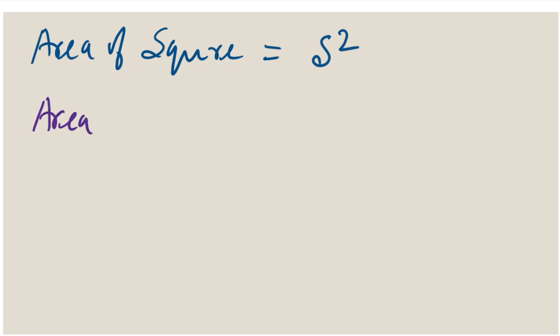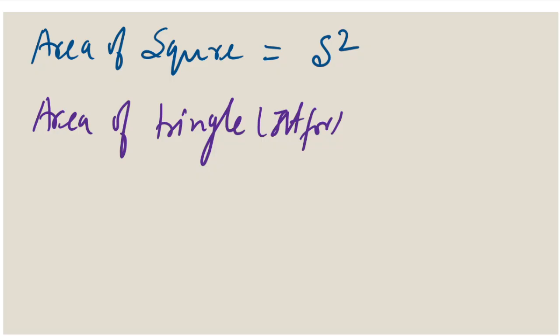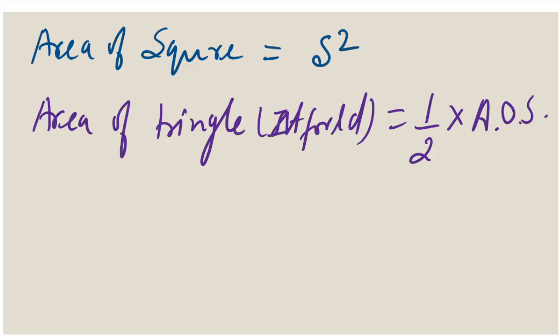So the area of the triangle after the first fold will be 1 by 2 into the area of the square, that is S square, or we can say 1 by 2 area of square. Okay, now again we will fold it, the second fold.